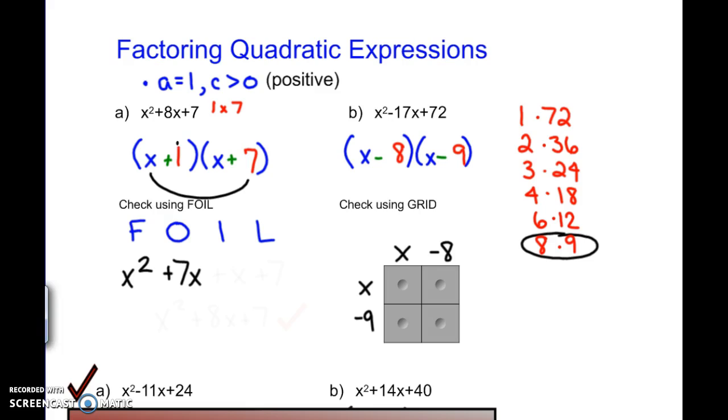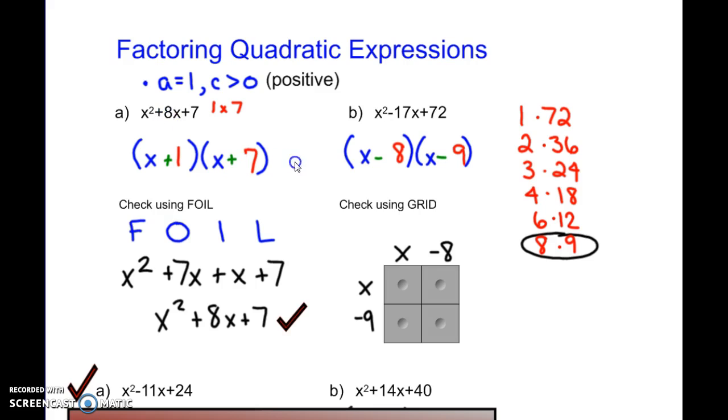Next, I do my inside, which gives me a 1x. And last, I do my last, 1 times 7. I combine like terms and I get x squared plus 8x plus 7, which checks out with my original problem.